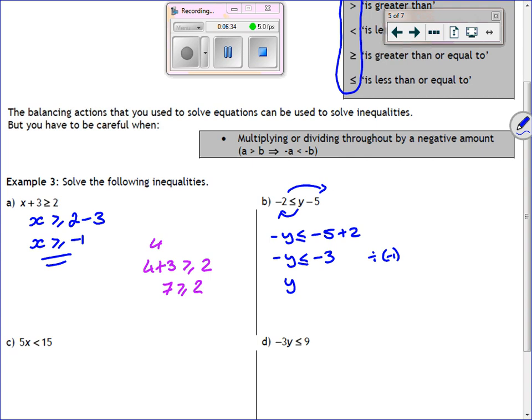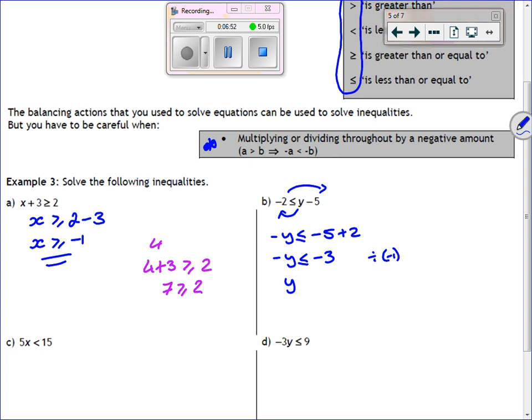But important thing, and this is what's shown in this box here, if we divide by a negative, then the inequality symbol switches round, and that's a very, very important thing to watch out for here.